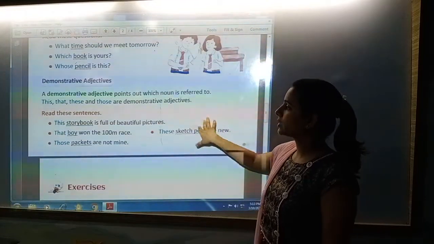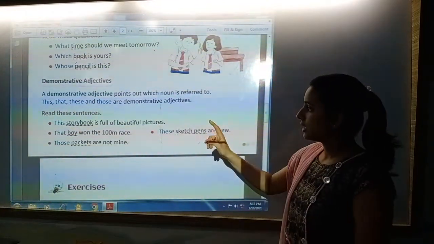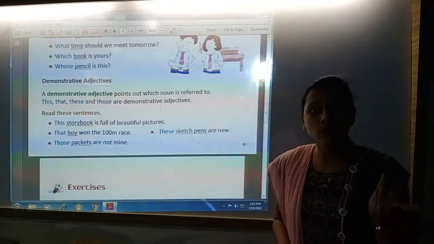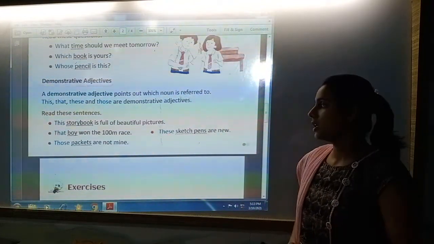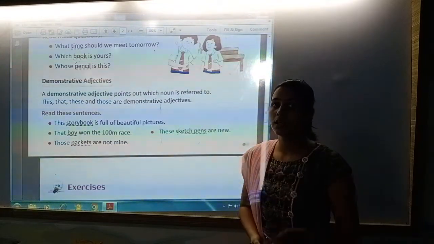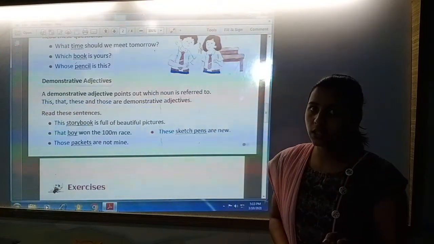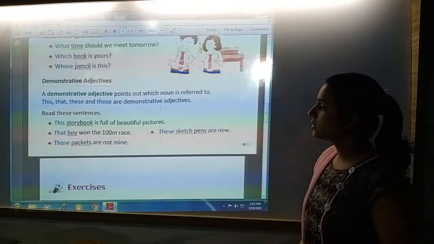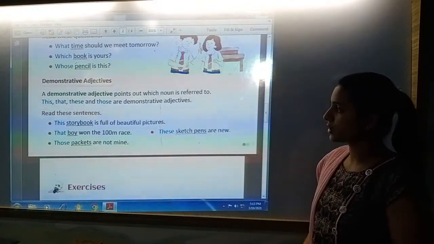Let us see the examples. This story book. What? Story book. Which story book? This story book. So this is the demonstrative adjective and story book is noun. This story book is full of beautiful pictures.